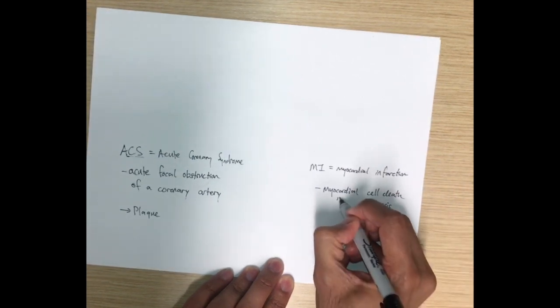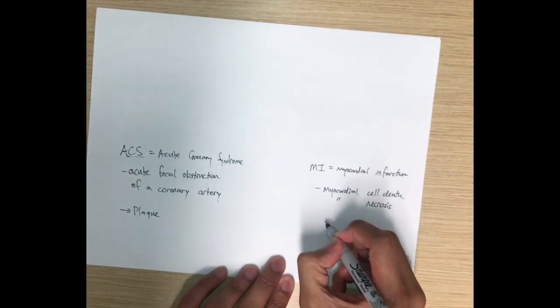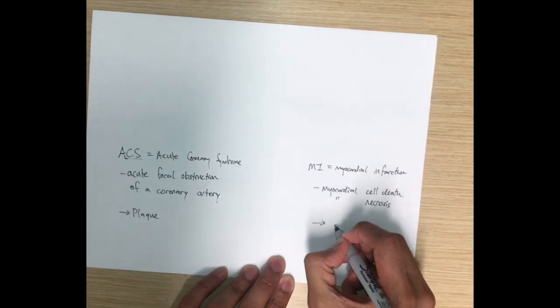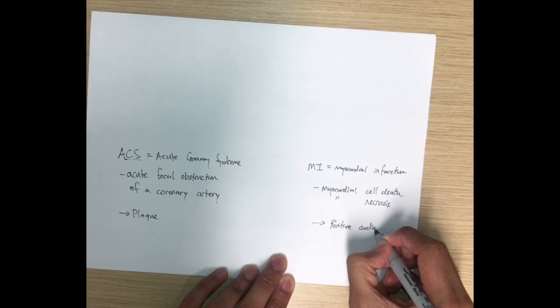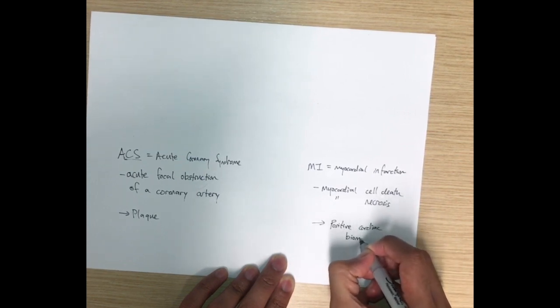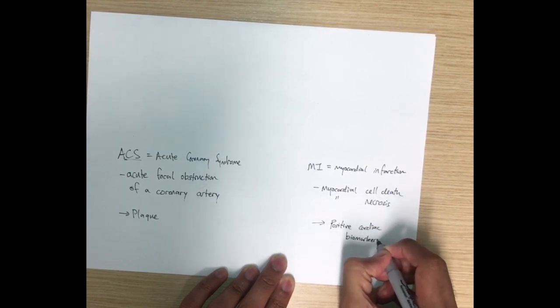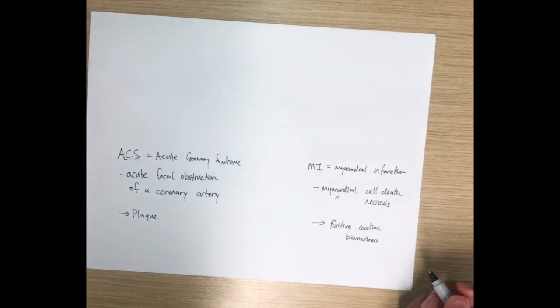And the way that we know this has taken place is with positive enzymes, positive cardiac biomarkers. Usually we're talking about troponins, but that also can be CK, CKMB.